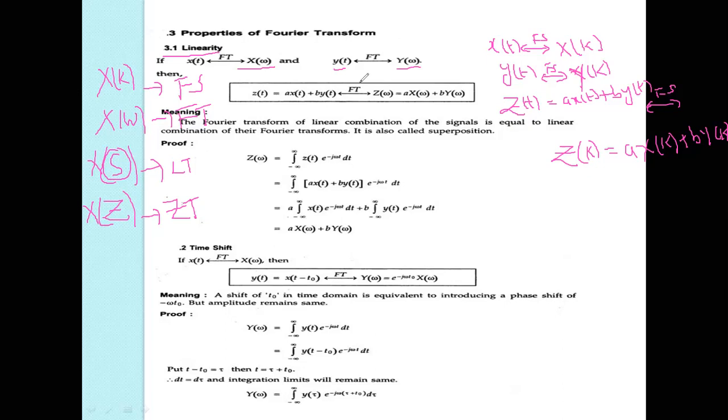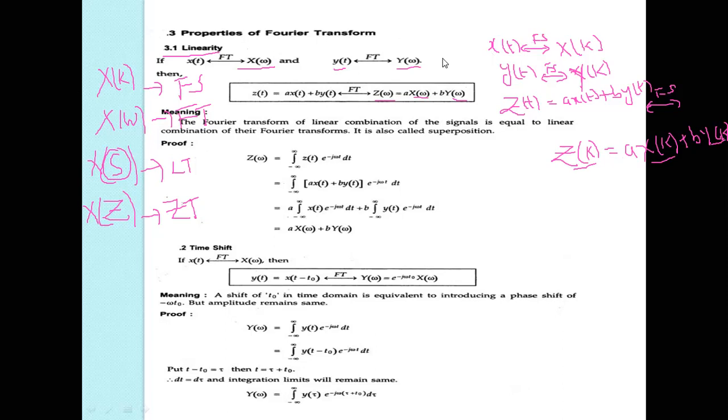Applying the Fourier transformation, Z of omega equals a into X of omega plus b into Y of omega. Instead of X of k, Y of k, and Z of k, we now have X of omega, Y of omega, and Z of omega.